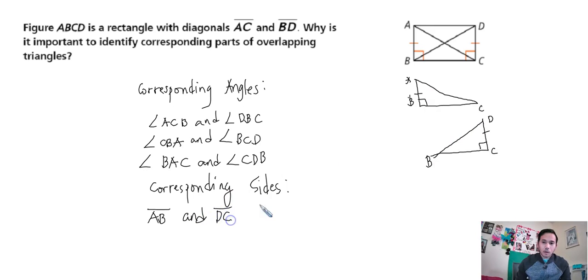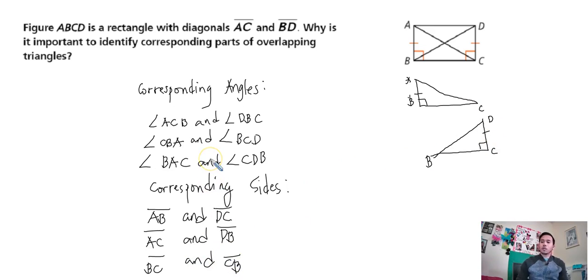Also the opposite of the right angle, which will be your hypotenuse, that is AC, and DB. Okay, and the last one will be BC and CB, segment BC and CB.